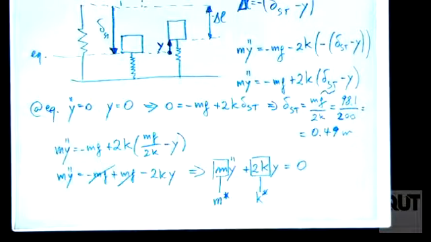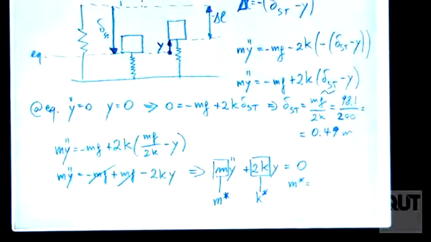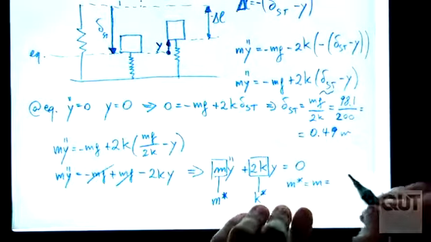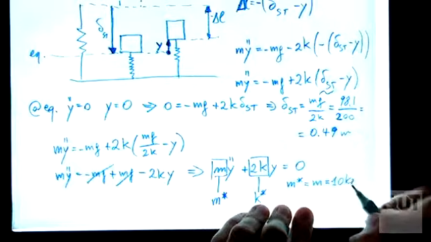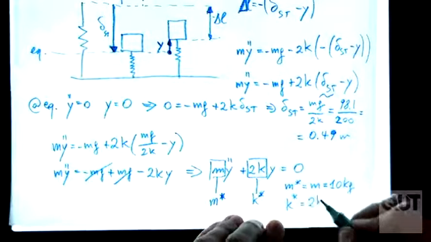Is it clear? So m star in this case is equal to m, which is equal to 10 kilograms. K star in this case is equal to 2k, which is equal to 200 Newton over meter. Agreed?